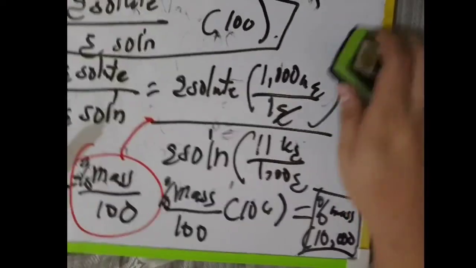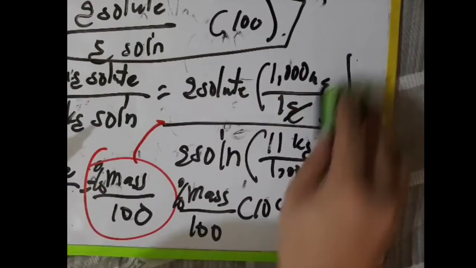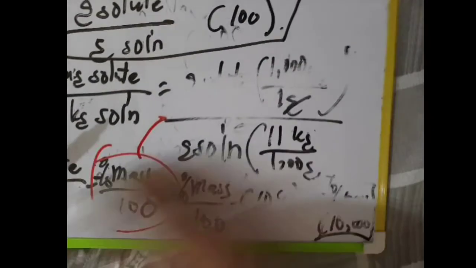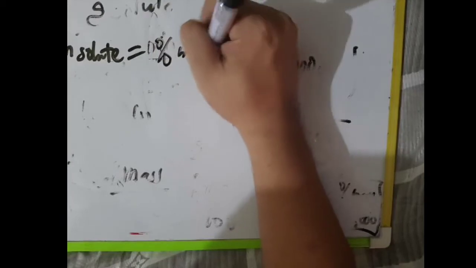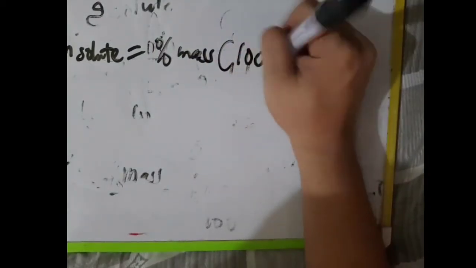To rewrite this, since I'm running out of whiteboard space, the final relation between parts per million of the solute and the percent mass is: parts per million of solute is equal to the percent mass multiplied by 10,000.